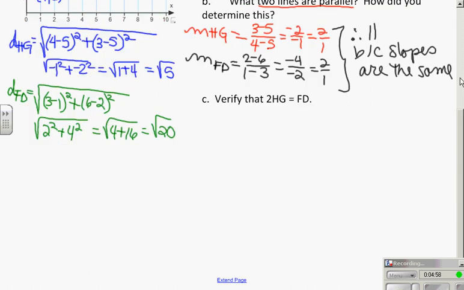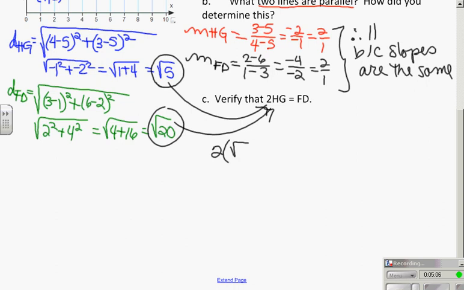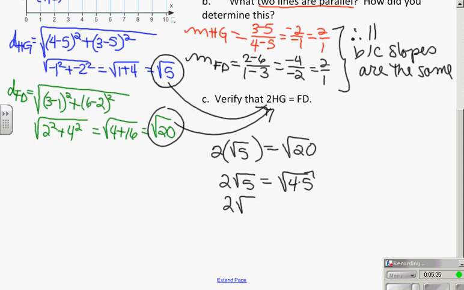Now initially, you might think you can't compare those. So we are going to take these two values and we're going to plug them in where they need to go. So we know that 2 times the square root of 5 should be equal to the square root of 20. Now I'm going to do a little fancy math. The square root of 20 is the same thing as the square root of 4 times 5, because 20 is 4 times 5.